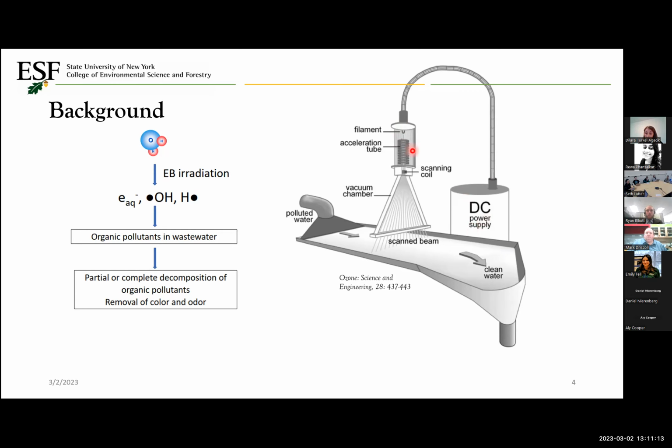In the accelerator, the electron beam passes the anode through a hole, and it enters a vacuum chamber where it is scanned by a varying magnetic field. Then the scanned beam passes through a thin window to meet the water being processed.